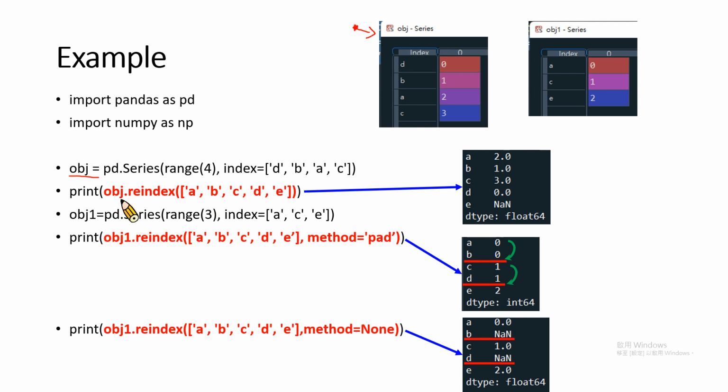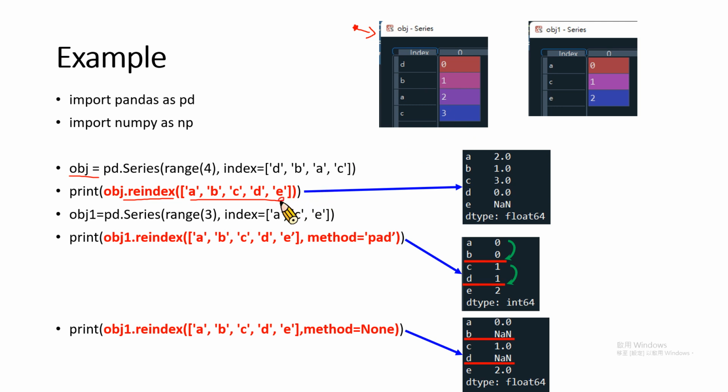And if we want to reindex, you see here we have five indexes. It means that we will put a new element into the series. So before, A is 2, B is 1, C is 3, D is 0.